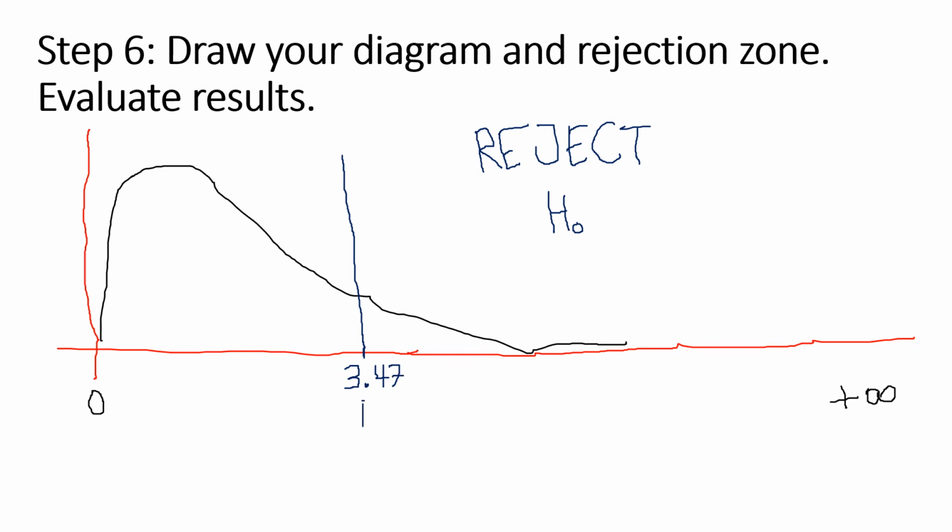I can even put a little F crit there. And this scale is measured in terms of F, and this is like the frequency, basically, or percentage of the area under the curve.